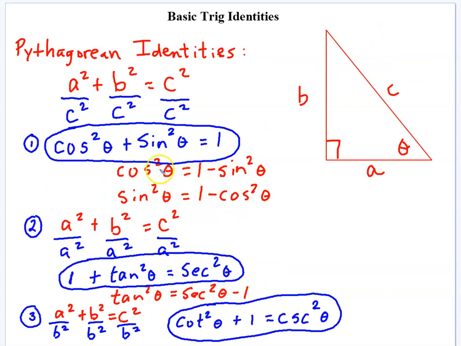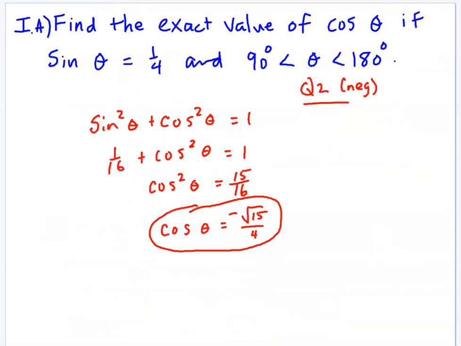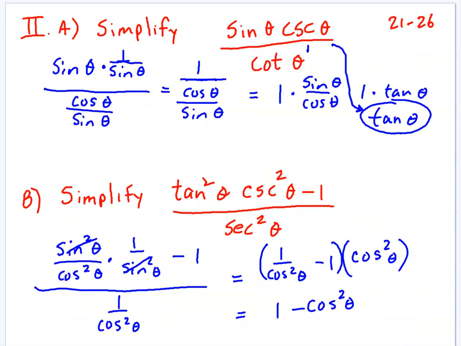So remember how we made up these two red ones? They come in handy because cosine squared literally is 1 minus sine squared, and vice versa. You can see that. So now, since 1 minus cosine squared theta is sine squared theta, that leads me to my final answer.